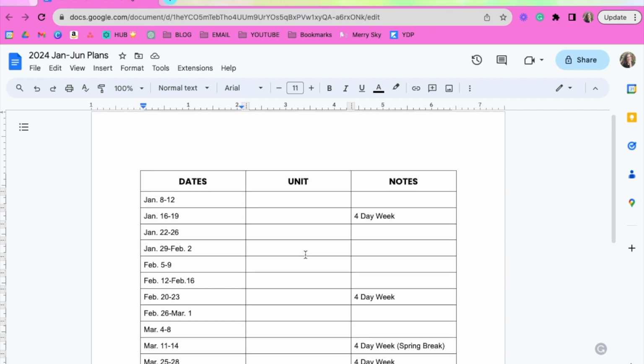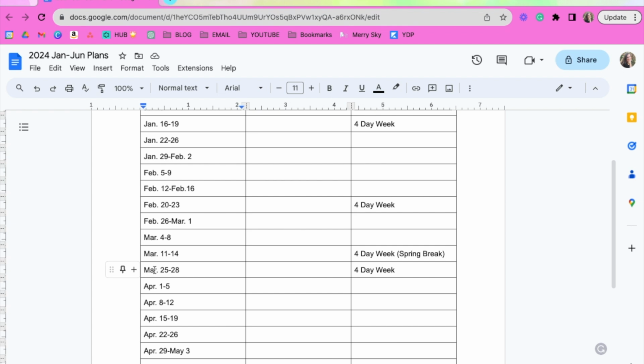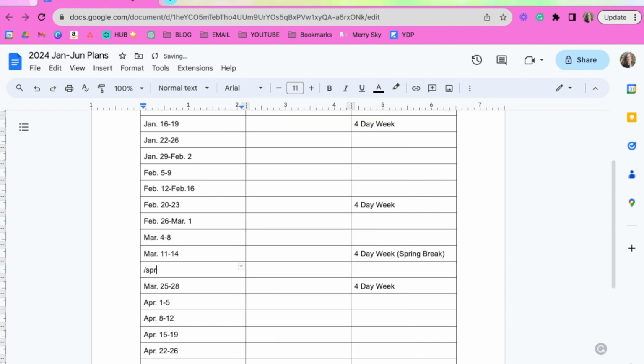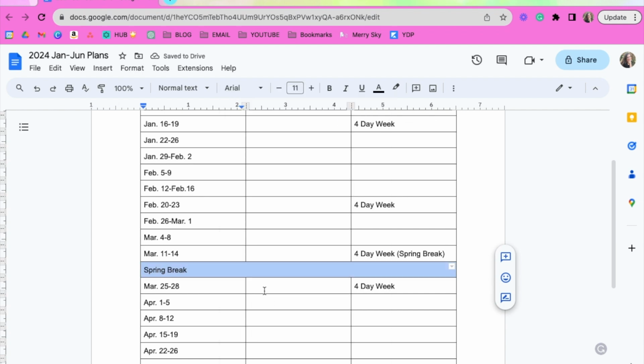Now I've marked off our 4-day weeks and when spring break is. Sometimes I've even added a whole row, insert row above, to say that this is spring break, just to visually see when I need to wrap something up so that we're not taking it over the break. I try to, it doesn't always happen. So I'm just merging the cells together there, and that way it'll stand out a little bit.